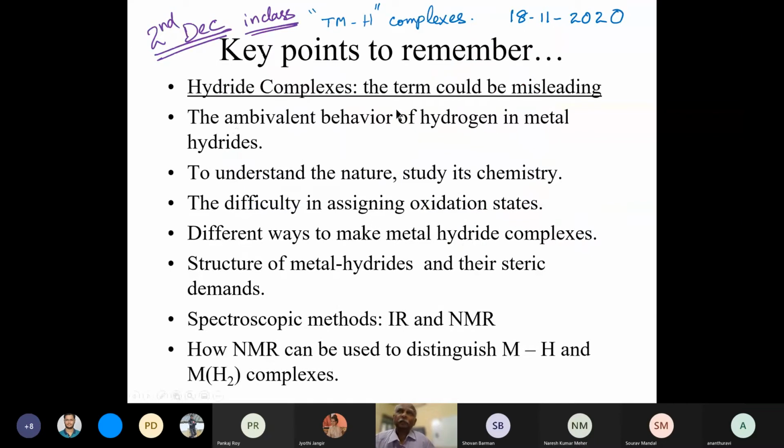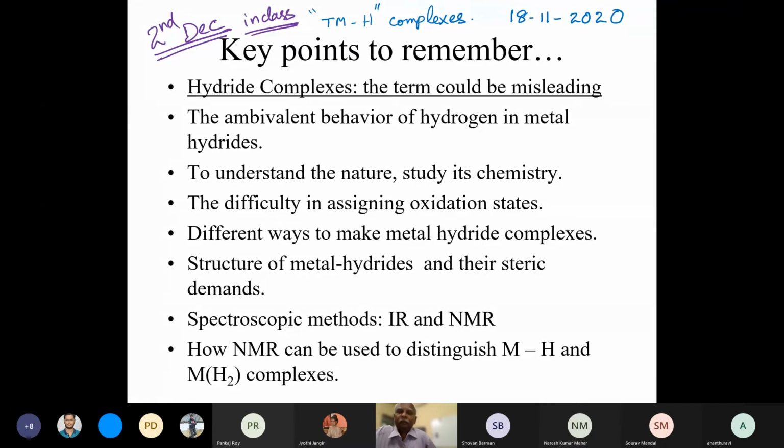So let me just refresh your memory. Hydride complexes are what we were discussing in the last class, and I'm going to continue with this, but with a slight variation. We are going to talk about dihydrogen complexes. The main point that I wanted to drive home was the fact that hydride complexes are indicative of an H- coordinated to a transition metal, whereas the hydride complex could actually be an acid where the so-called hydride is coming out as H+.